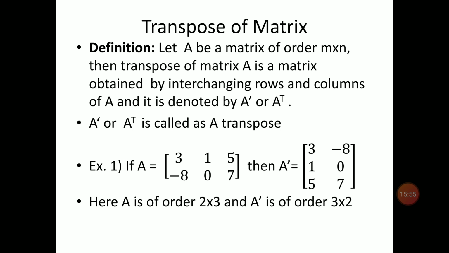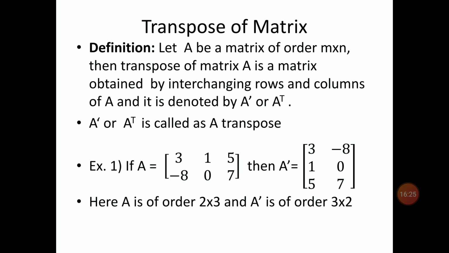Here A is a matrix with 2 rows and 3 columns. So A is a matrix of order 2 by 3 with the first row as 3, 1, 5 and the second row as -8, 0, 7. To define A transpose, we have to interchange rows and columns. Now in A transpose, the first row becomes the first column.